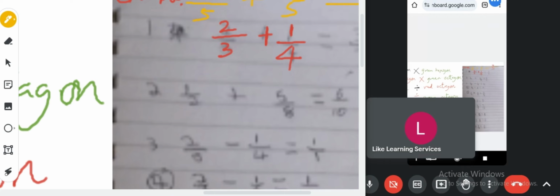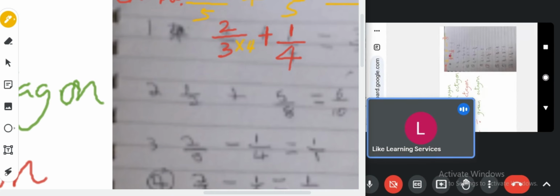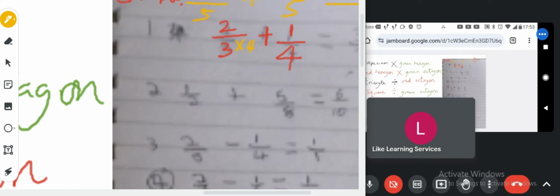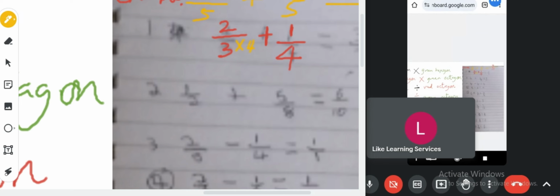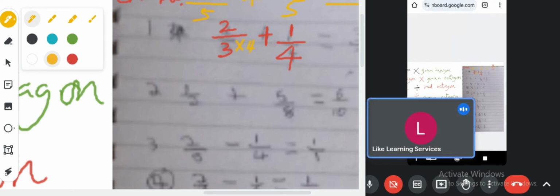Yes. What about if you multiply this 3 with 4? 3 times 4 gives you what? 12. So what will you multiply this 4 with, to get the same answer?